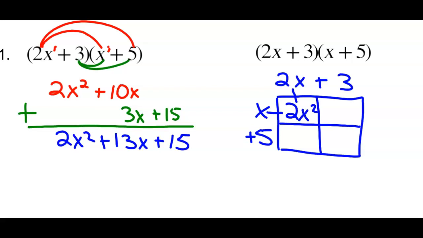What am I going to multiply together? 3 times x, right? 3 to go down, x to go across, so 3x. Okay. What about this? How am I going to get this space here? 2x, right? Because it's below. 2x times 5 is going to give me 10x. What is this space below? The 3, right? So 3 times 5 is 15.